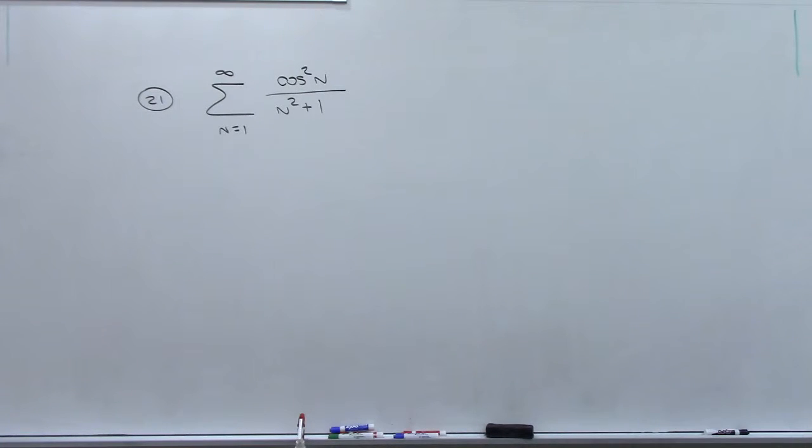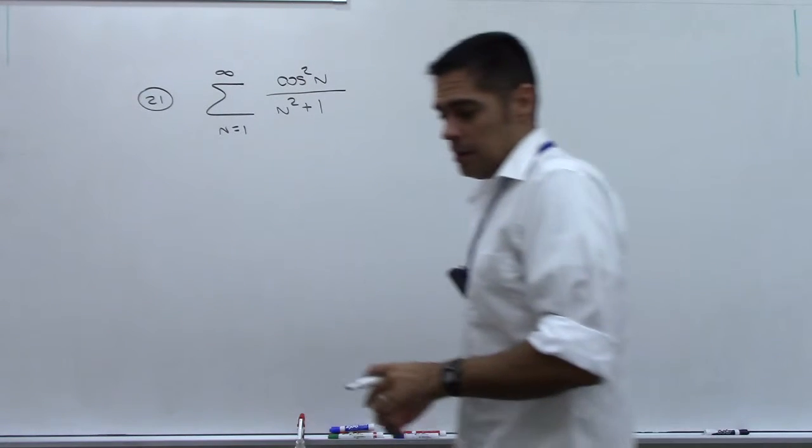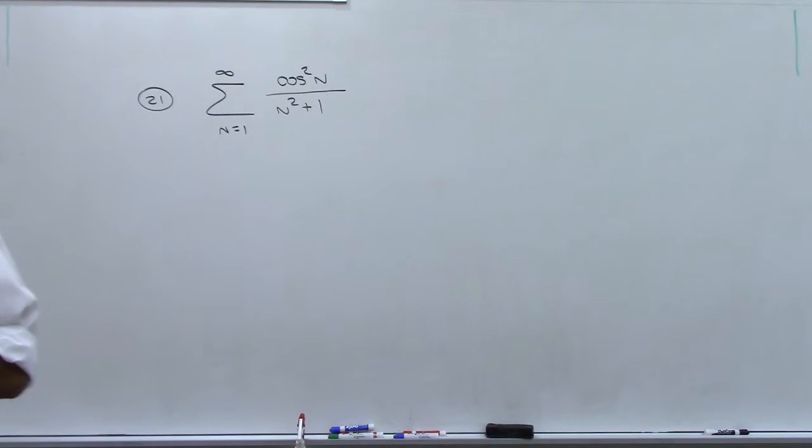All right, so that cosine squared n on top starts to make me think of something like a squeeze theorem.